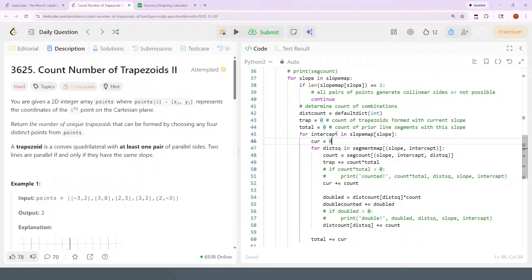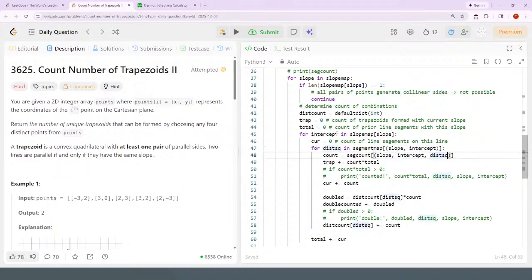And then for every intercept, which defines the line, current here is going to be the count of line segments on this particular line defined by the slope and intercept. And you have your distance squared.